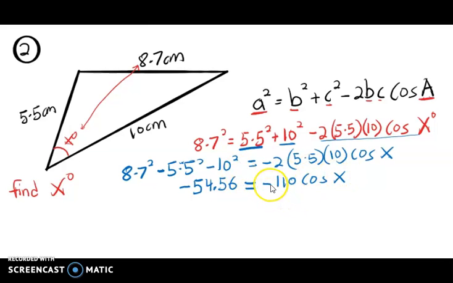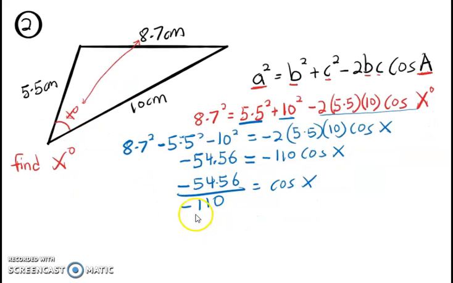The minus 110 will move to the opposite side and become a divide, equals cos x. By calculation, minus becomes positive, and here we have the answer 0.496 equals cos x.